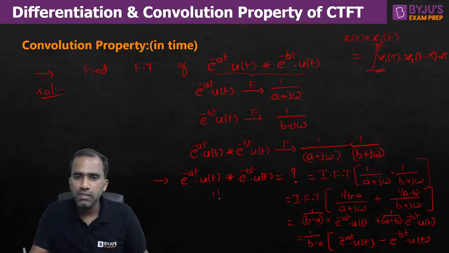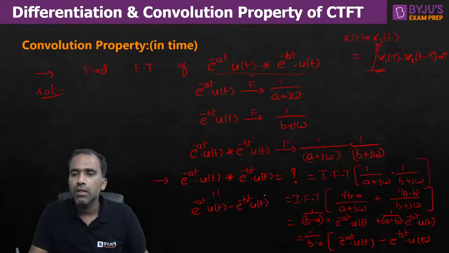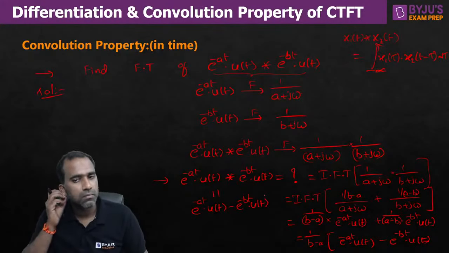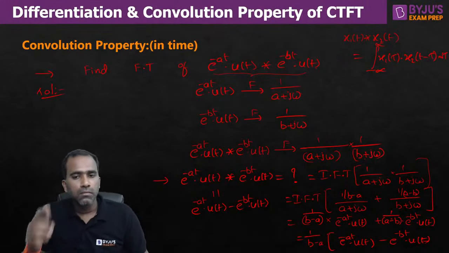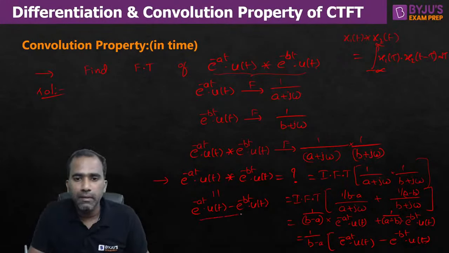So this result is e power minus at into u of t minus e power minus bt into u of t, divided by b minus a. Is that okay?